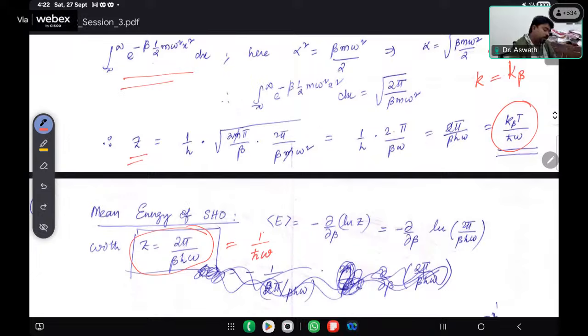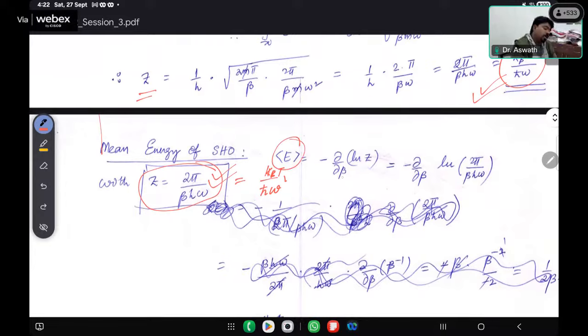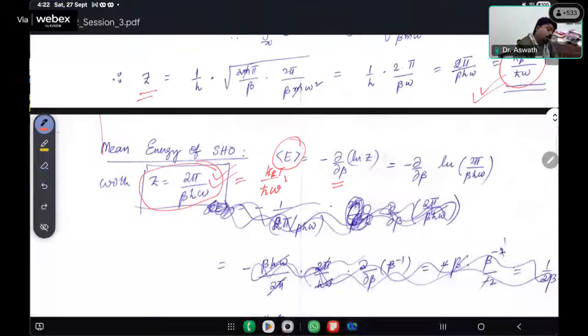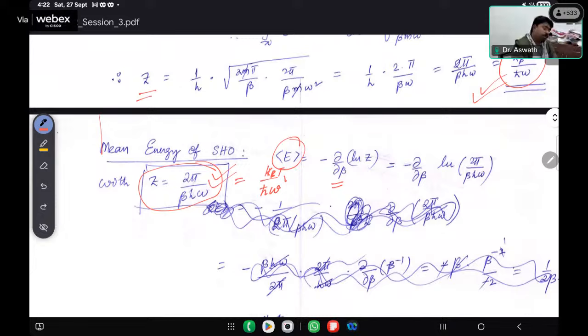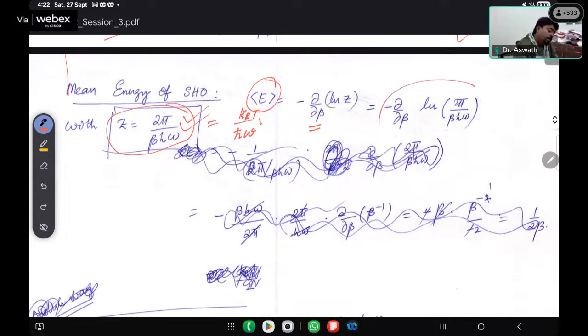If you put it in the numerator, it becomes k B T. So this is also right and this is also right. Mean energy of any system, as you know, is the derivative of ln z, the partition function, with respect to beta. So you can explicitly find this term.